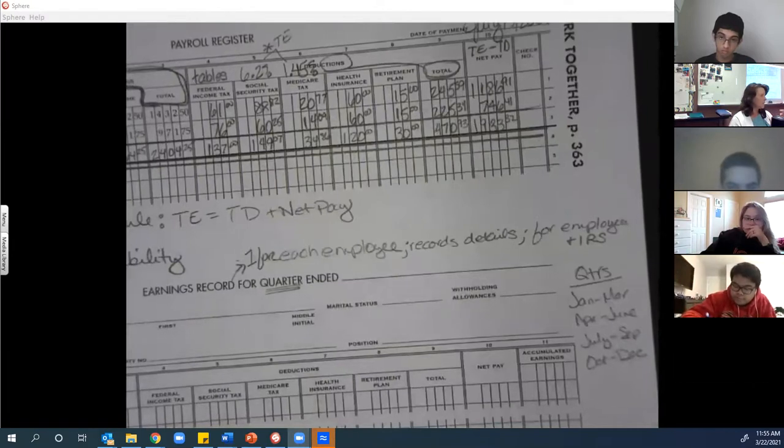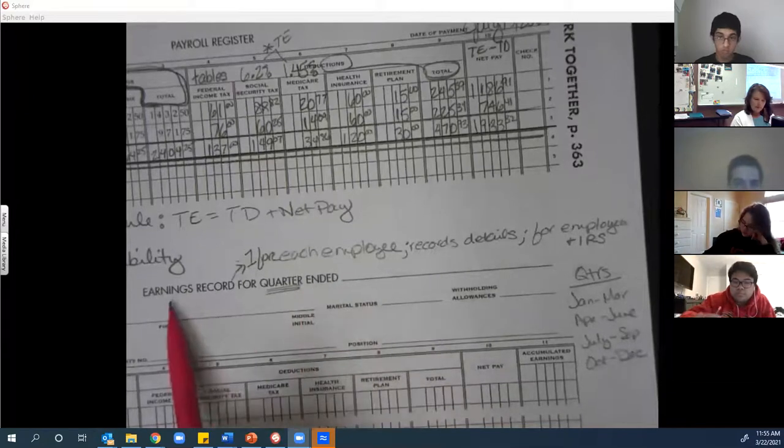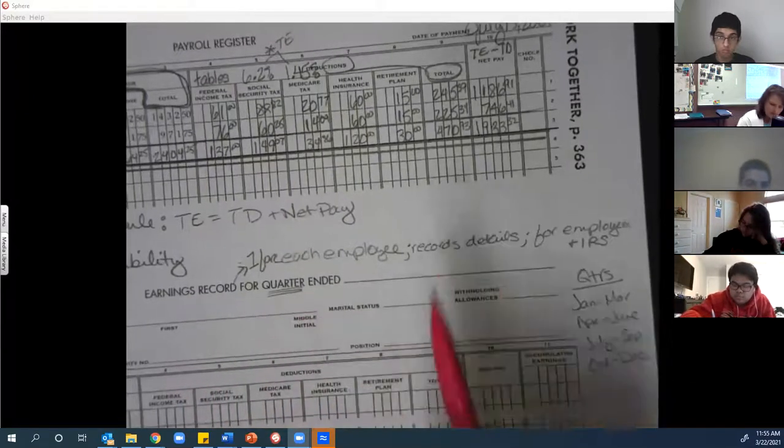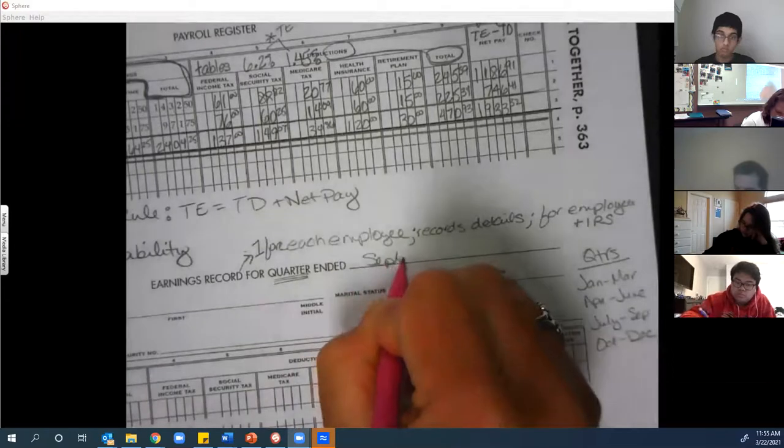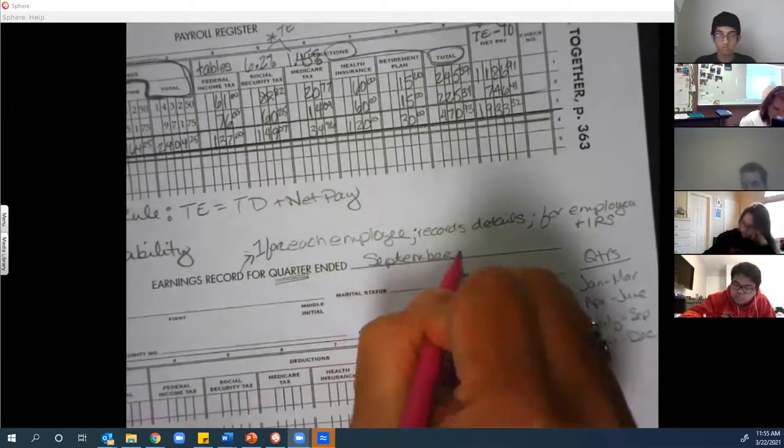Right, it's going to end in September. It's the July through September quarter, so it says earnings record for quarter ended September. What's the last day of September? Is it a 30 or 31?